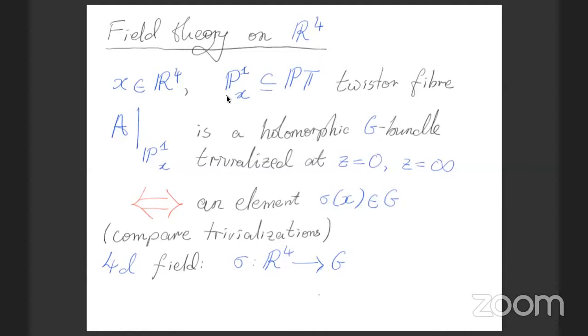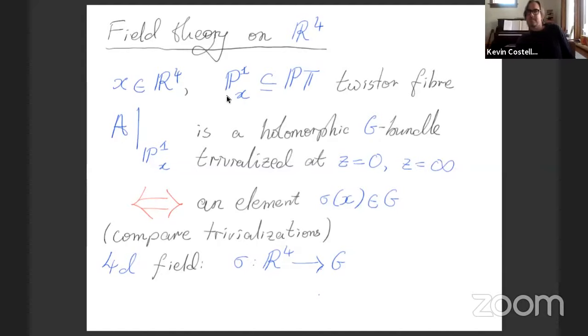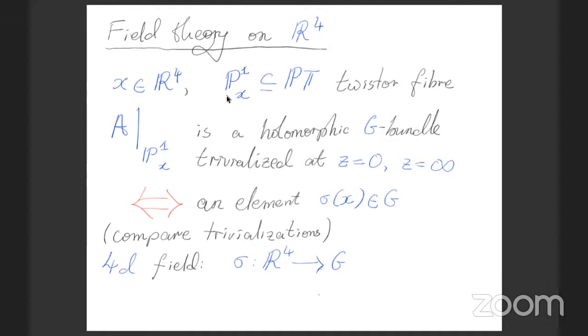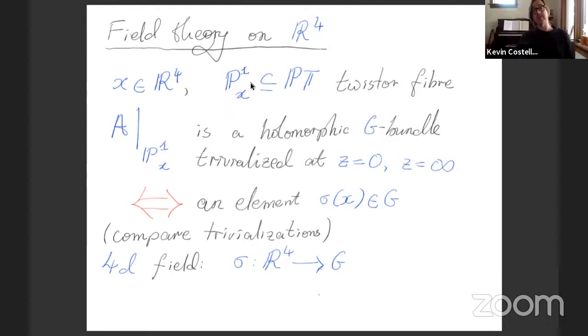Okay, so we have this theory on twistor space. What is the resulting effective field theory on R4? To think about that, we must remember that a point of R4 corresponds to a CP1 inside of twistor space.